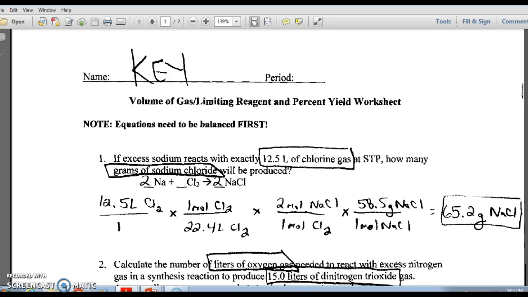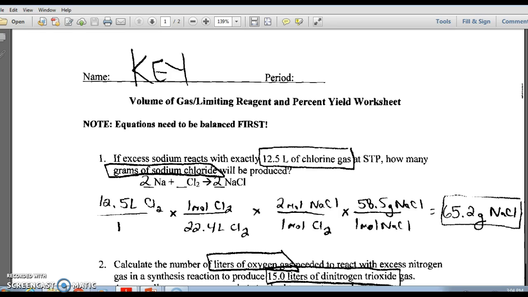So I have a balanced chemical equation, as always, and I have boxed in my question what I know, which is 12.5 liters of chlorine gas, and what I want to know, which is grams of sodium chloride. So the given measurement, the 12.5 liters of chlorine, is what I begin with.